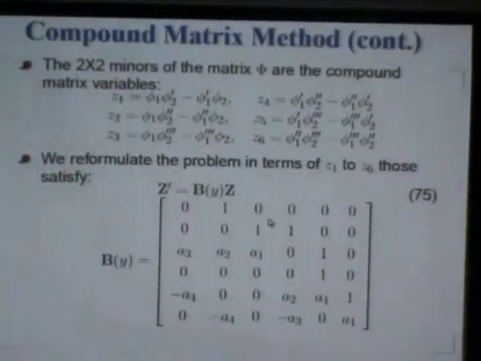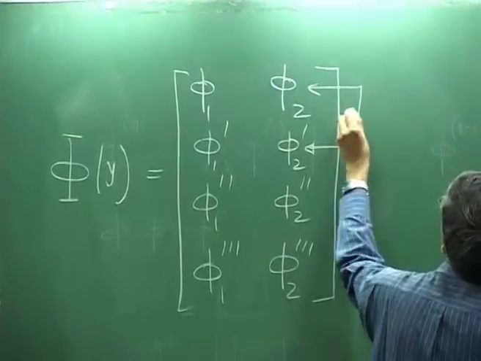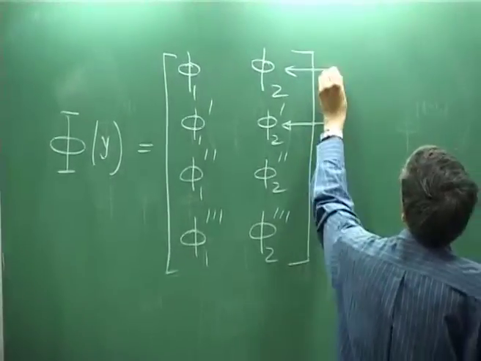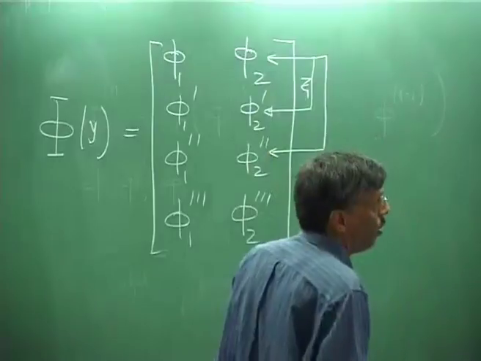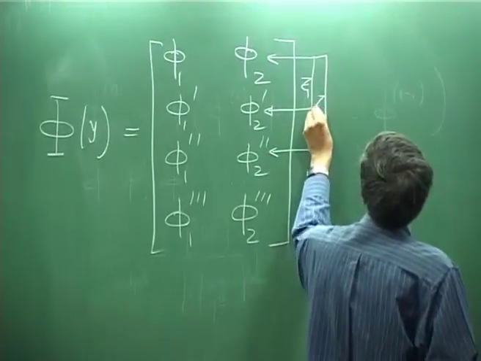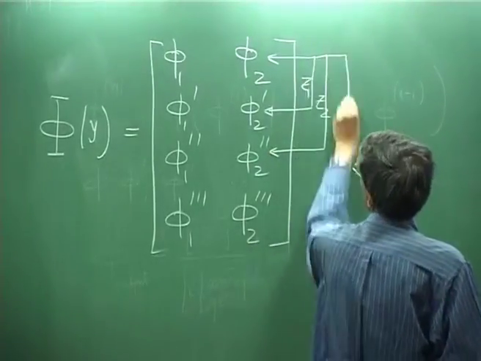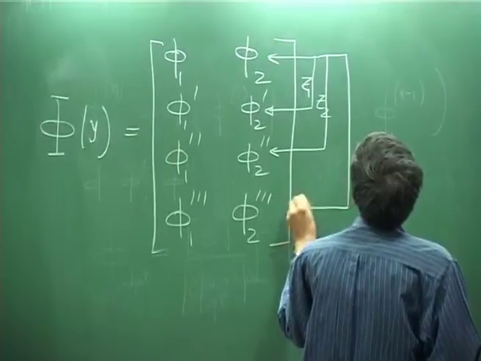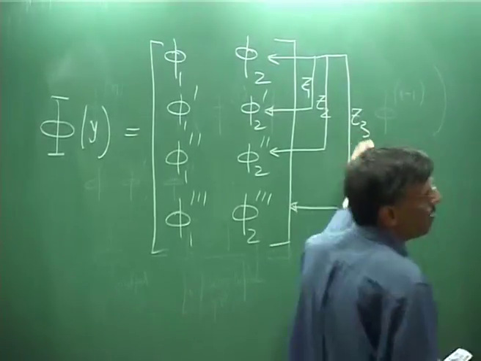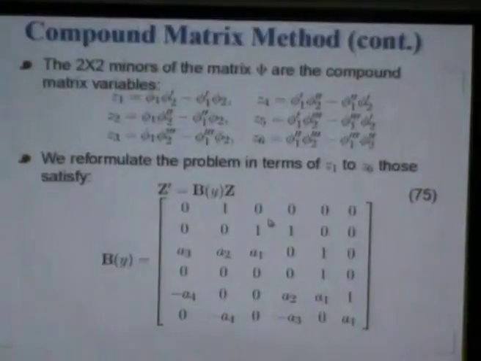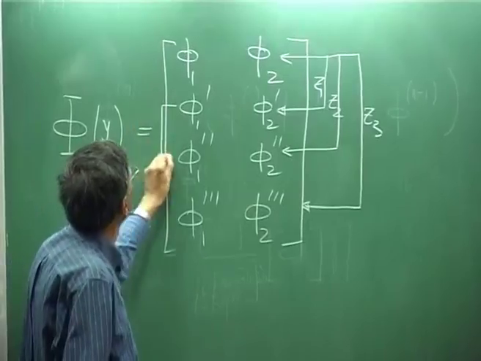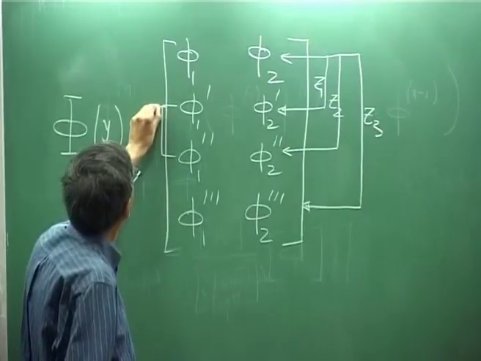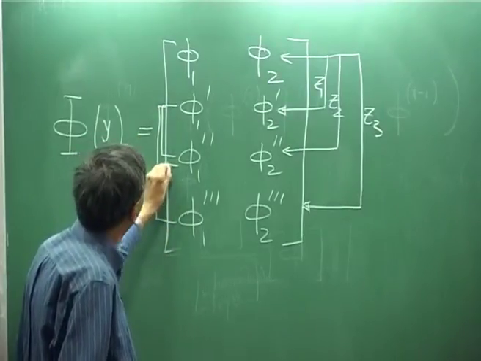Then if I couple the first and the third row, I will get z2, and the first and the fourth row will give me z3. Then of course there are other possibilities: the second and third rows, the second and fourth, and finally the third and fourth.